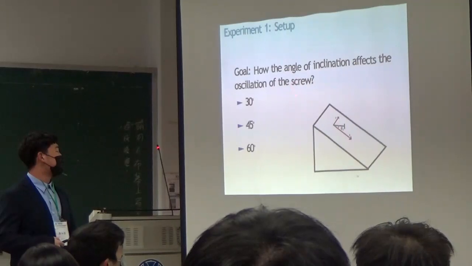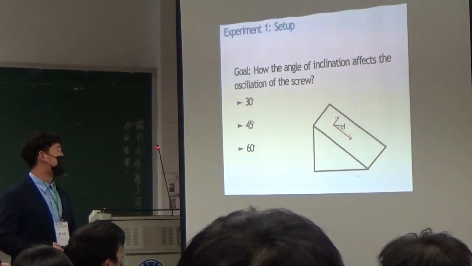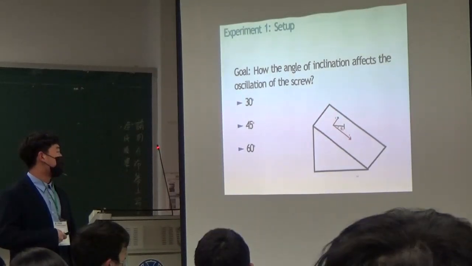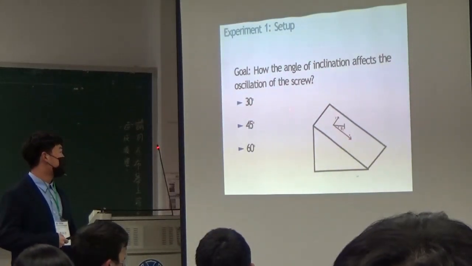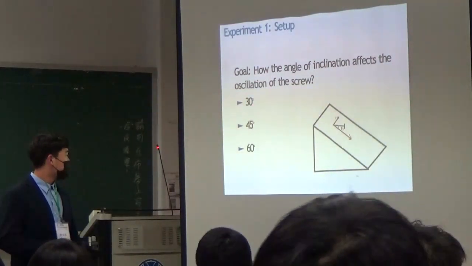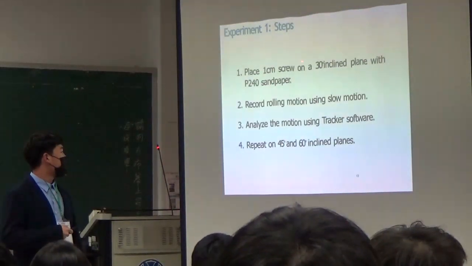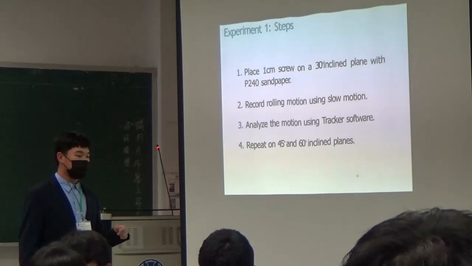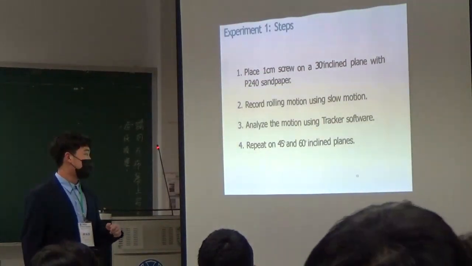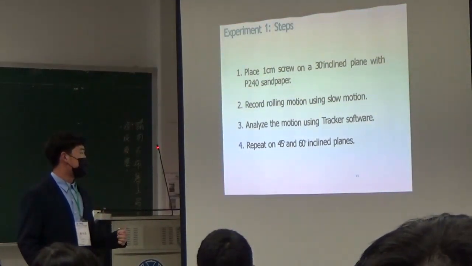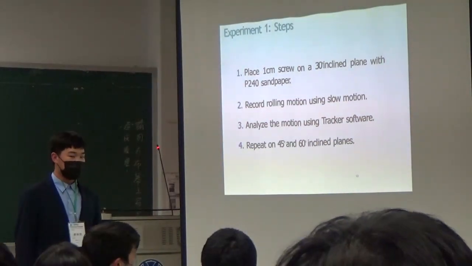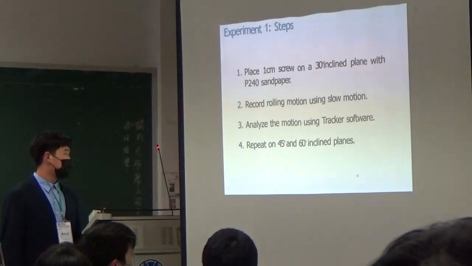Okay, this is our first experiment. We change the inclined plane's angle. Okay, we put the screw on the top of the inclined plane, release it, and observe its oscillating motion.